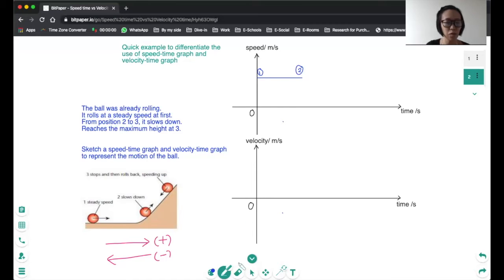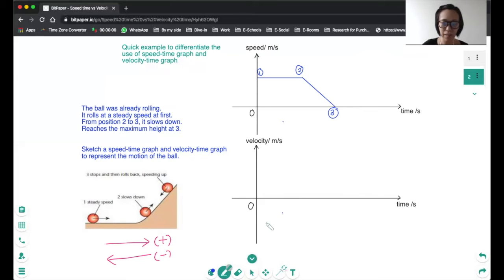As it rolls up the slope from position 2 to 3, it will be slowing down at a constant rate, because the same amount of gravity is pulling on it, until it reaches the maximum height at position 3. At position 3, it will be momentarily at a stop before it changes direction.